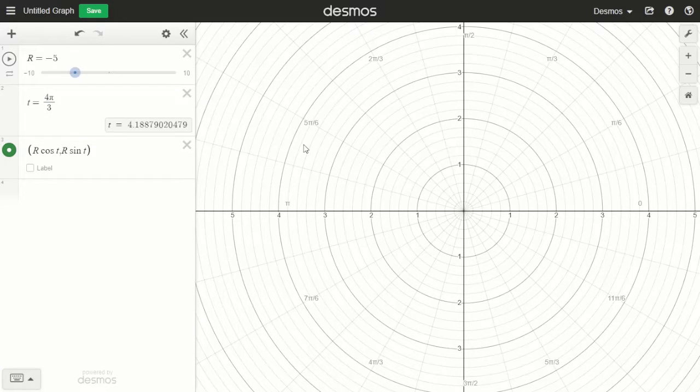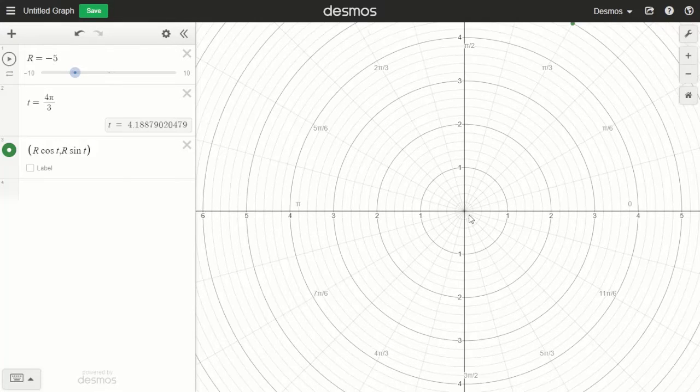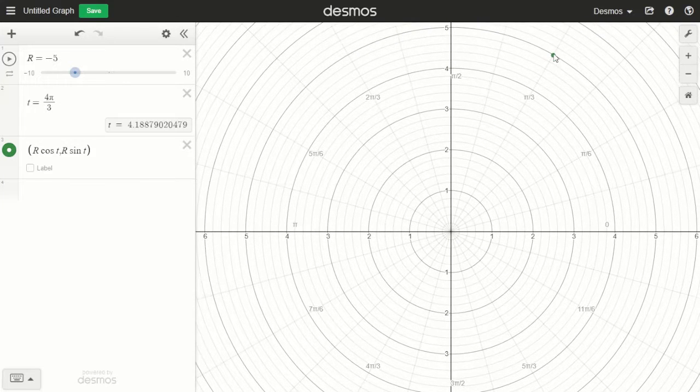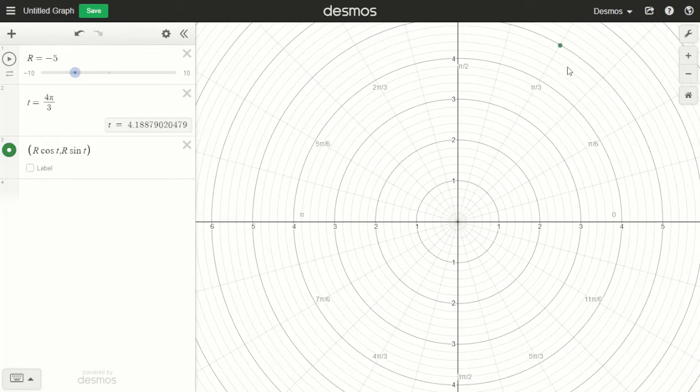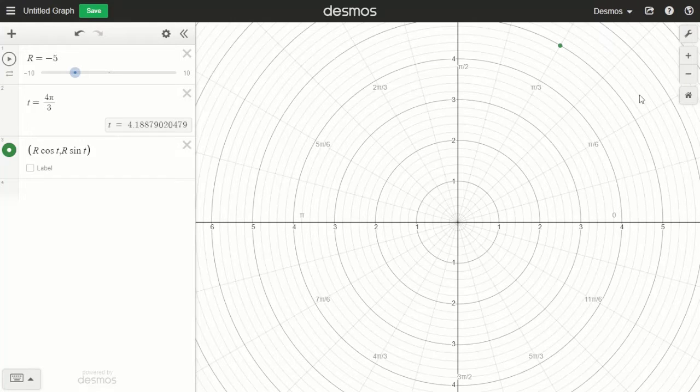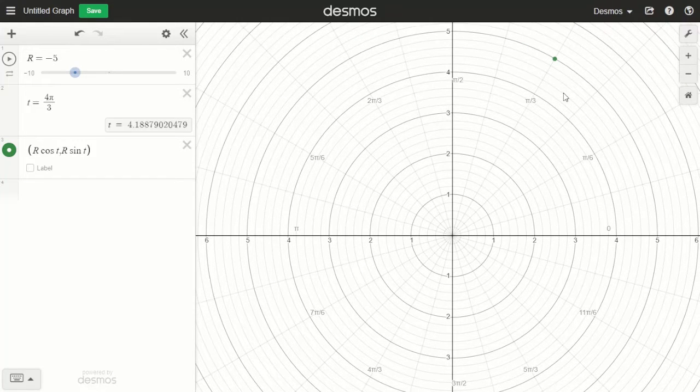All right, that's the angle, and now our point has been changed. The radius is a little too far for the screen, so let me zoom out a little further, and now it will show the point. All right, the point is now right here. I can even zoom out a little more so that we can see it a little better. All right, right there.